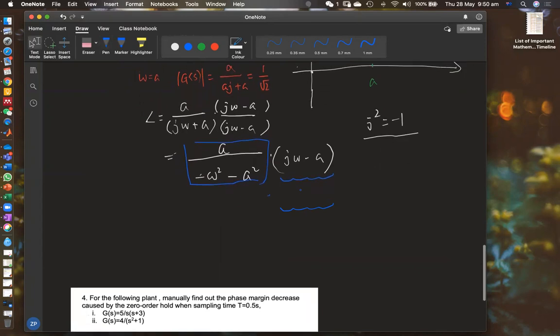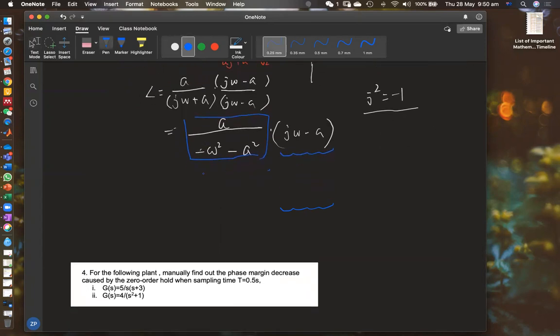So the phase of that thing comes again. Phase of this thing is basically, if you draw a triangle here, you get the real part. Because there's a negative over here, I'll do a conversion. So this is A over omega square plus A square, times A minus J omega. Right, so the real part is A.